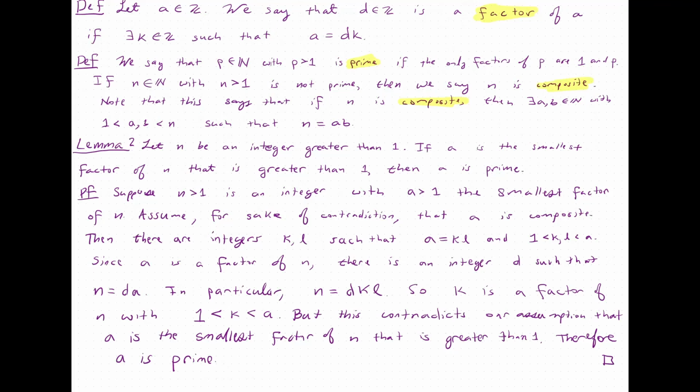So this was a proof of the form P implies Q, where Q is A is prime.